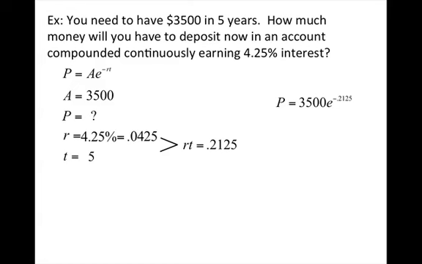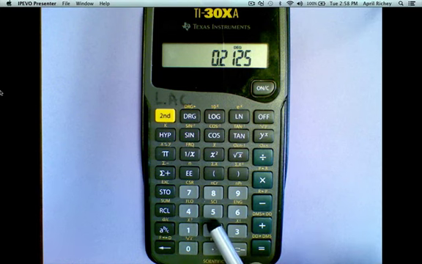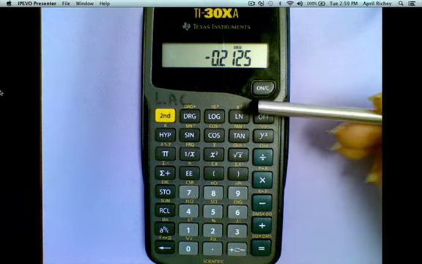So we're going to begin with the e raised to the negative 0.2125 power, and then we're going to multiply that by 3,500. So begin with your exponent. I have negative 0.2125. So I'm going to enter in 0.2125 and press my plus minus button to make it negative. This needs to become the exponent for the e.